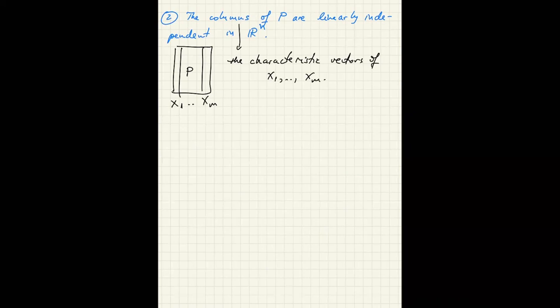Okay. So now they form a linearly independent subset of vectors in R^n, and you can always extend it. This is one of the first things you learn in linear algebra, that you can always extend it to a basis.